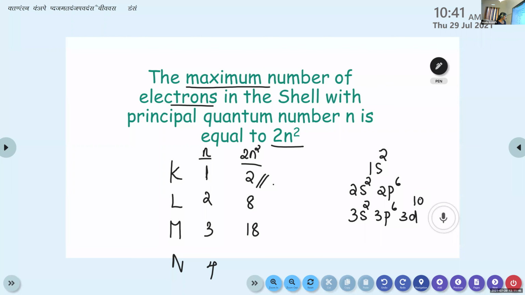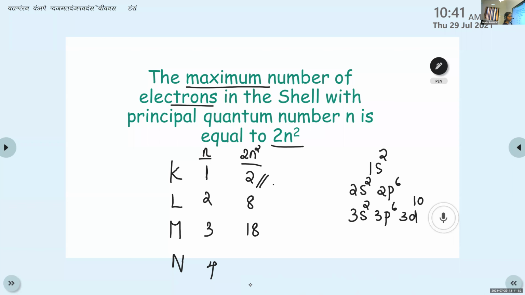Then we are moving to the N shell. So what about the maximum capacity of the N shell? Lakshmi? 32. Yes, 32.